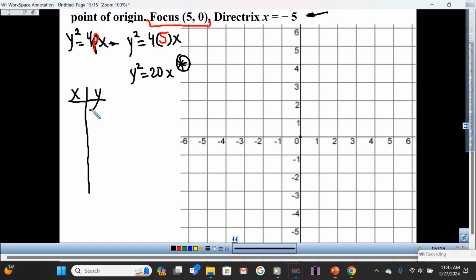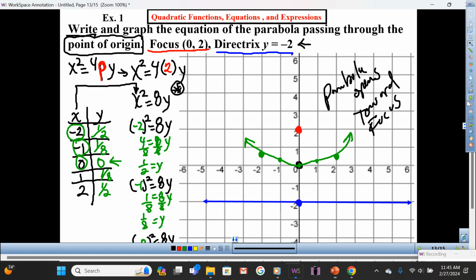Writing utensils down. Look up to the screen before you move forward. For these two examples that we did, we had x squared, and we substituted values for that x squared.